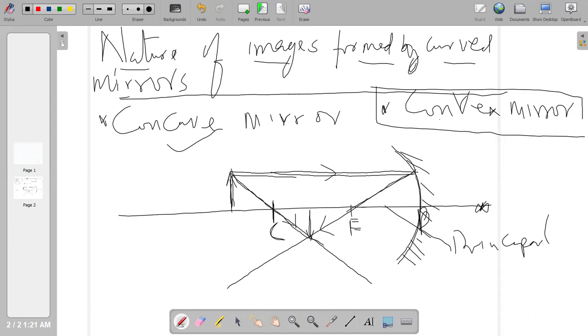Now, the point where these two rays meet forms the head of the image. So this is the image. From here, we can easily deduce that the image formed by a concave mirror when the object is beyond C is real, inverted, and diminished.